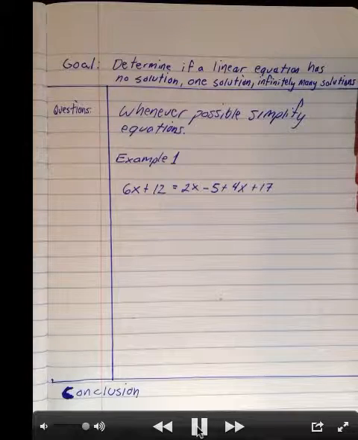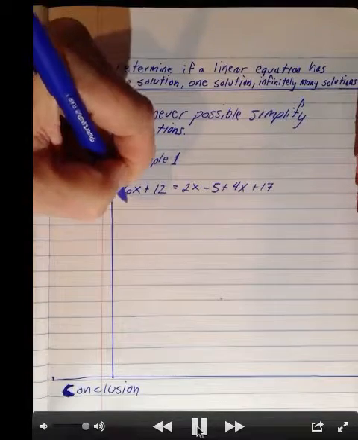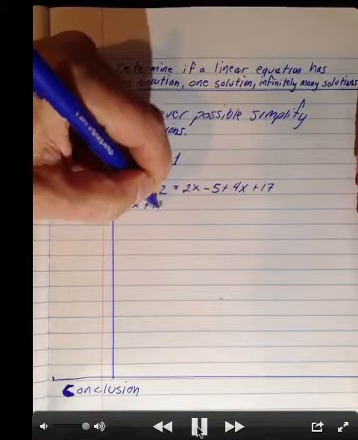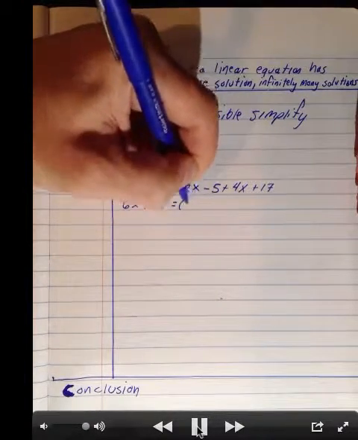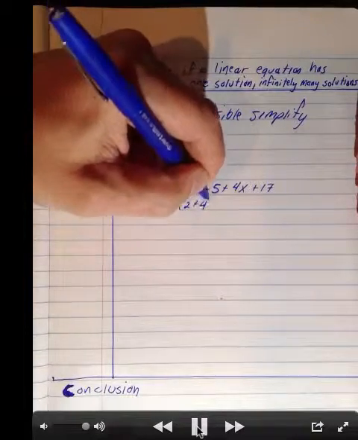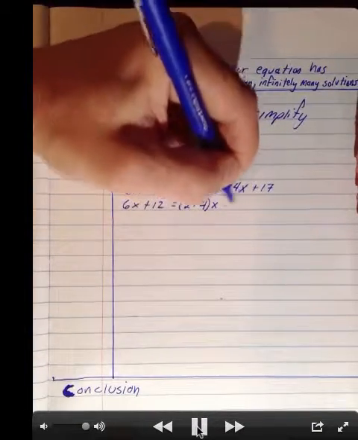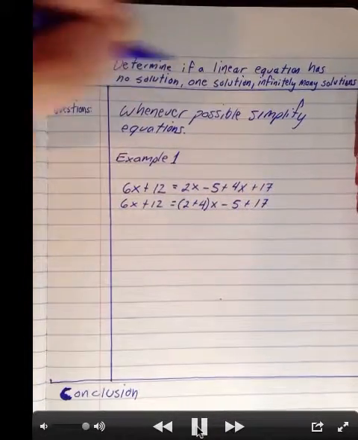The first thing we're going to do is look at the 2x plus 4x on the right side of the equation and gather those coefficients together, 2 plus 4x, leaving negative 5 plus 17.